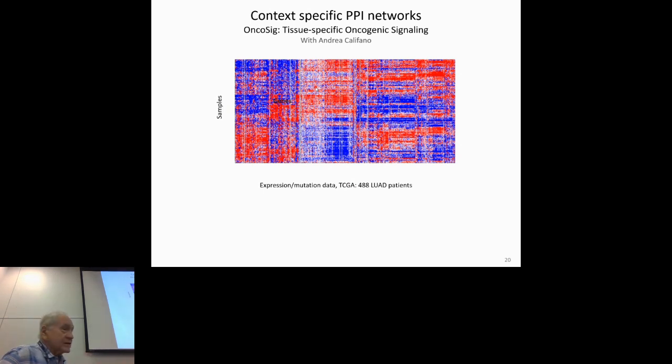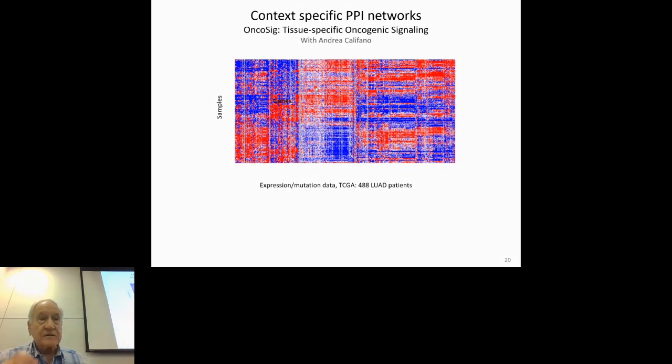And basically what they do is all these proteins or RNAs are sequenced. Red is up, blue is down. And they know the mutation state of each of these. So you can begin to say, if this protein is mutated, what other proteins are affected? So you begin to get regulatory interactions from patient data.